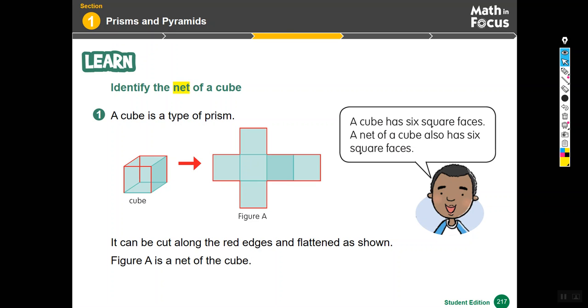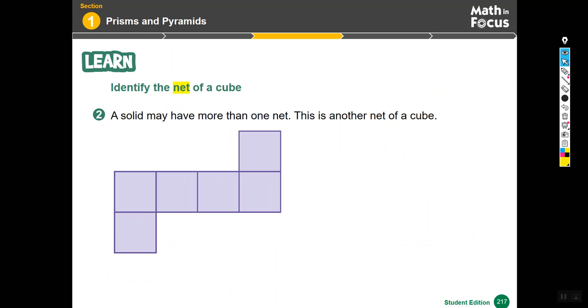Figure 8 is the net of the cube. This is something we talked about last year. A net is a plane figure that can be folded to make a solid.